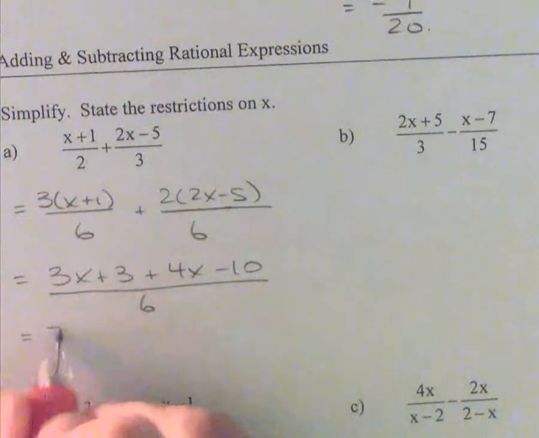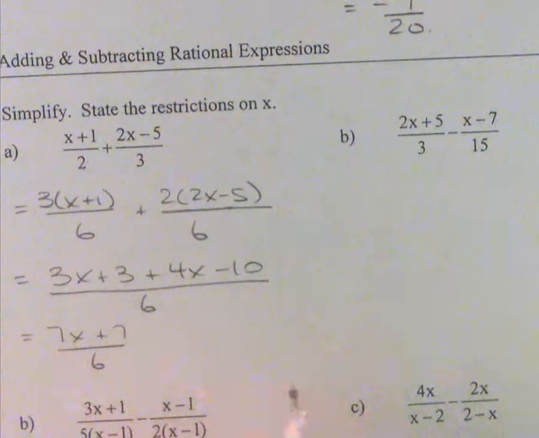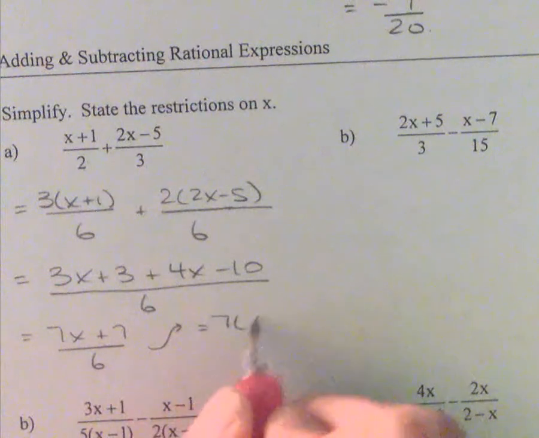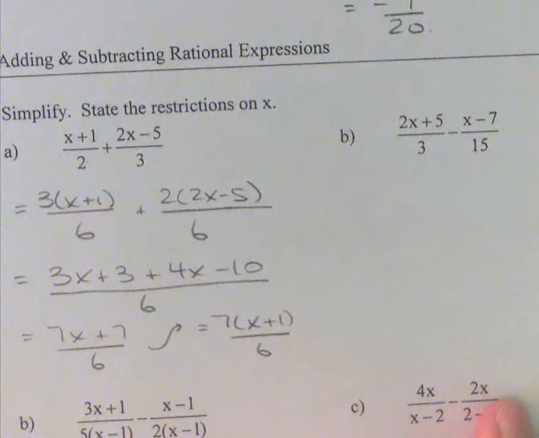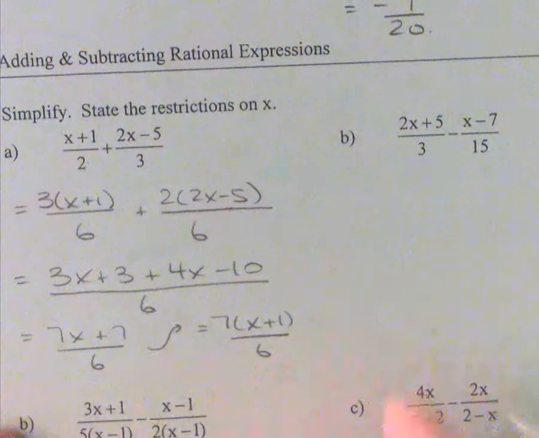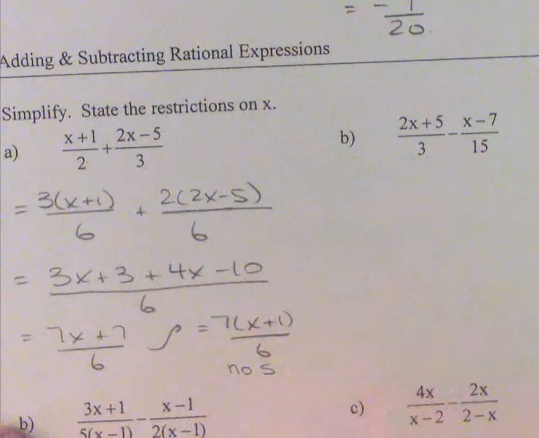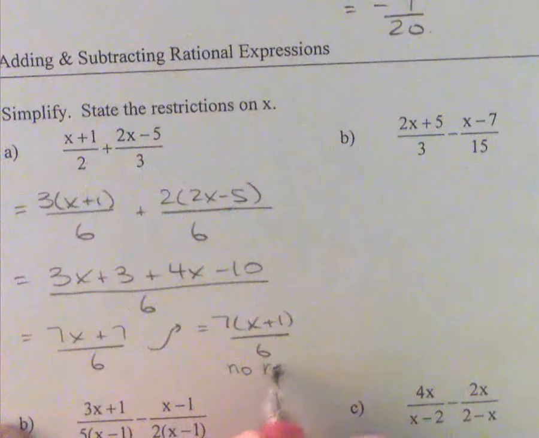I can add, so I get 7x plus 7 all over 6. And I can factor out a 7. Nothing reduces, so I'm finished. There are no x's on the bottom, so I state simply that there are no restrictions.